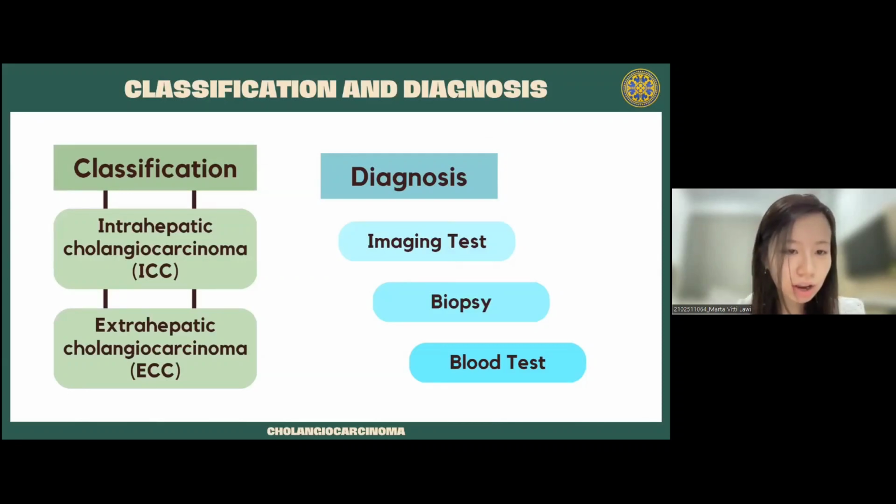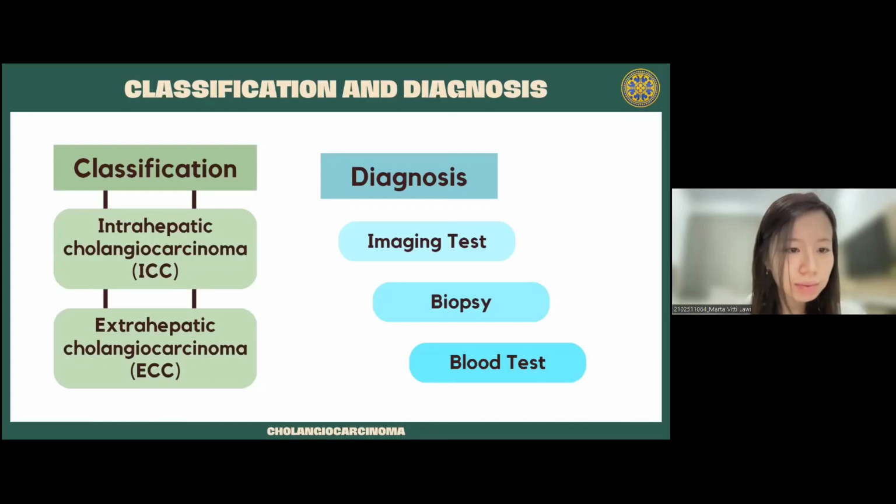The diagnosis of cholangiocarcinoma is made through a combination of imaging tests and biopsy. First, imaging tests such as CT scan, MRI, and ultrasound. These tests can help identify the location and size of the tumor. However, imaging tests alone cannot confirm the diagnosis of cholangiocarcinoma.